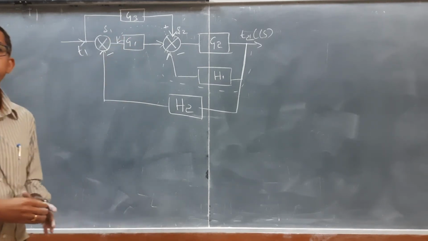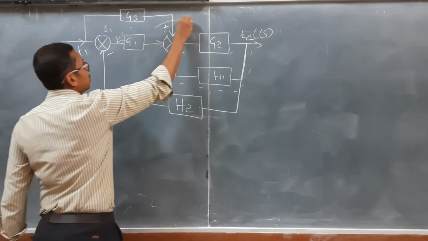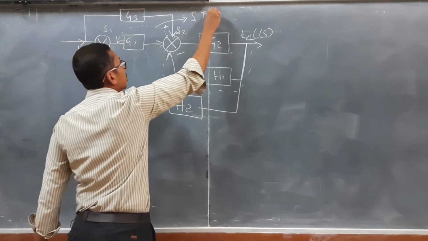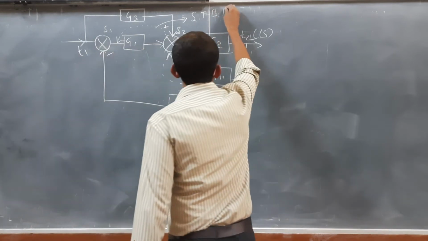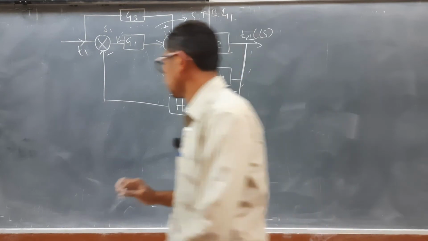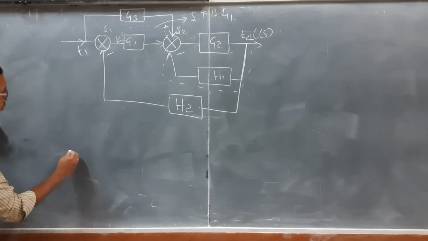I am going to apply these two rules: shifting the takeoff point before block G1. If you are getting confused, you can go step by step. So let me write it step by step, so you should not get confused.